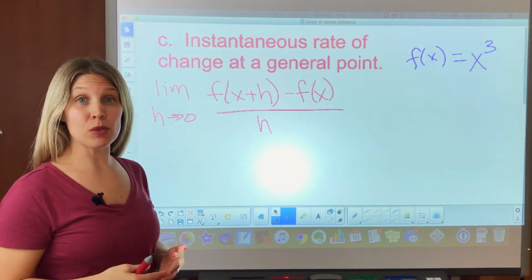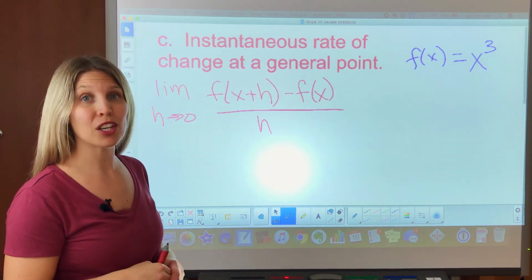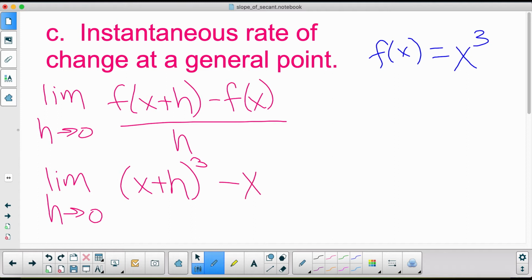So what we need to do now is to go ahead and plug in the function they give us, which is x cubed. So we have the limit as h goes to 0. This function is going to be (x plus h) cubed, because that's our function, minus x cubed all over h.